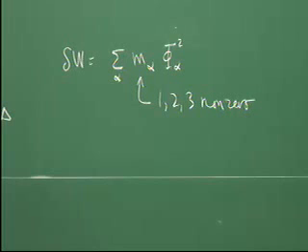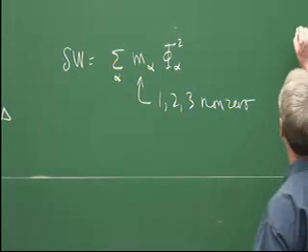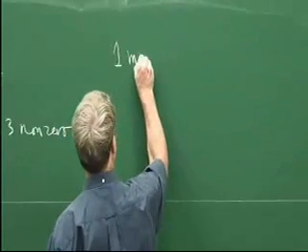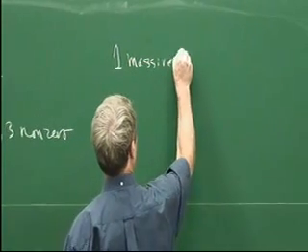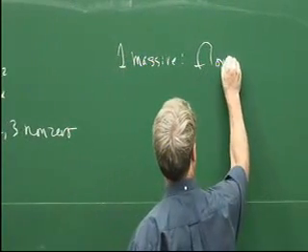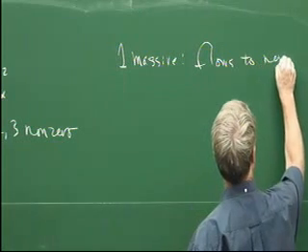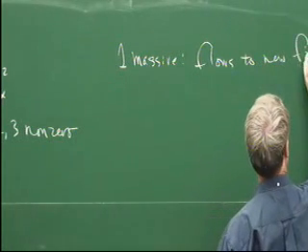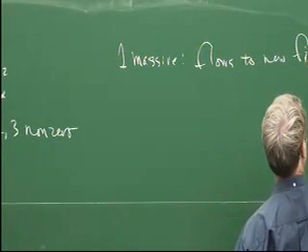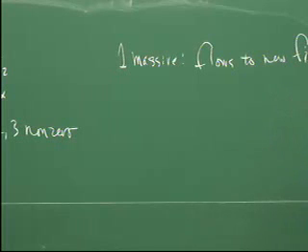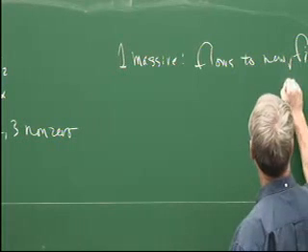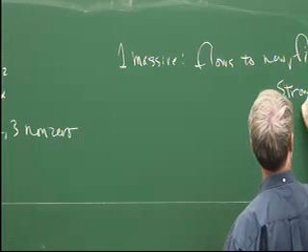This is more a guide to what people have done than a lot of details. But I'll tell you what: for one non-zero mass, it's believed to flow to a new, strongly interacting fixed point.